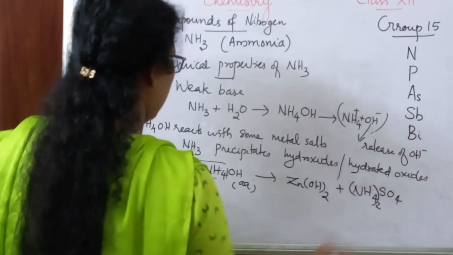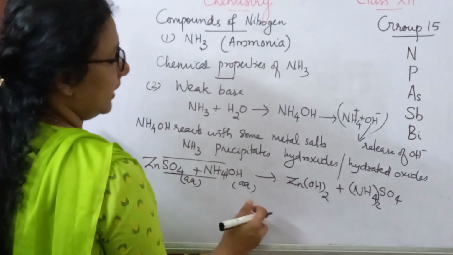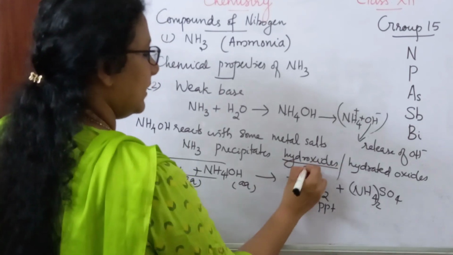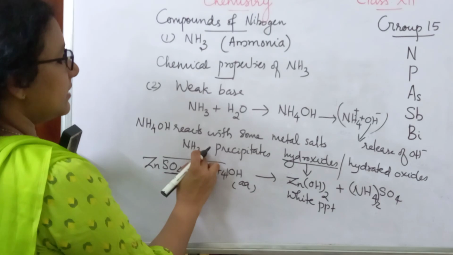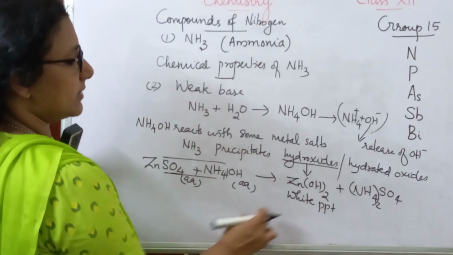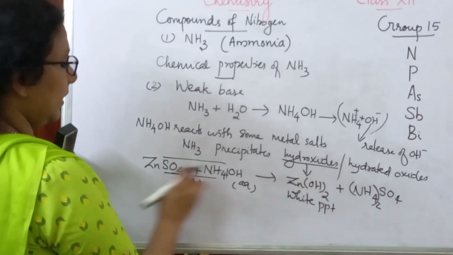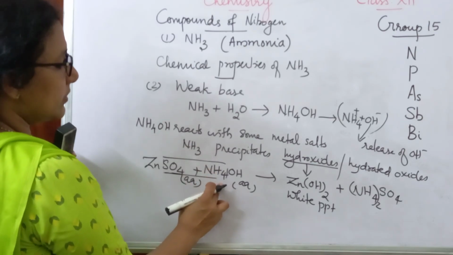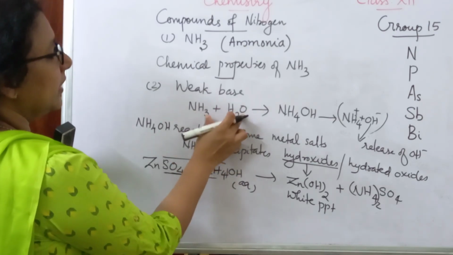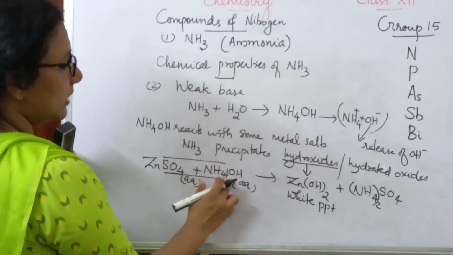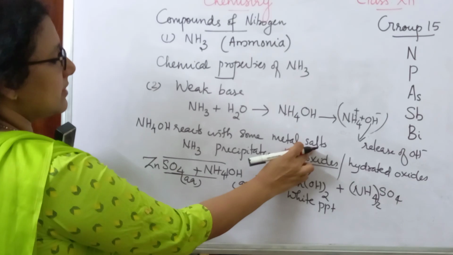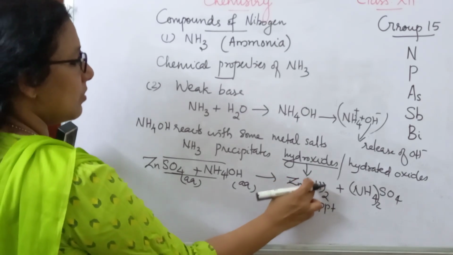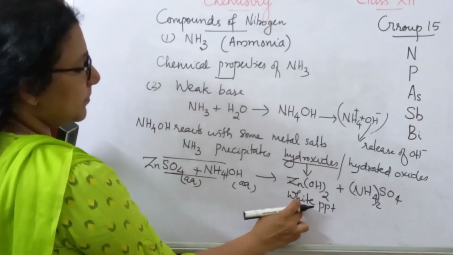Here NH3 precipitates hydroxides. That means zinc hydroxide will be formed if you are using zinc sulfate as the metal salt solution. So ammonia is used in the form of aqueous solution, that is NH4OH itself. Zinc sulfate is an example of a metal salt and it produces ammonium sulfate as a byproduct, and zinc hydroxide, that is a hydroxide, will be precipitated out.